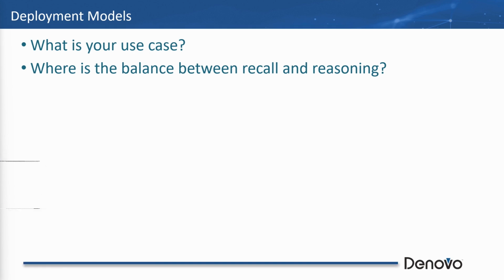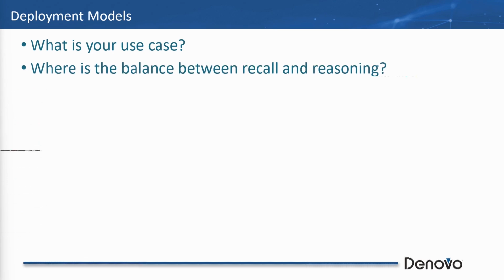A lot of these really small models are fantastic at recall. You want to find a piece of information, it will give you that piece of information back. And if that's what your use case is based on, you can go with very small models, very low cost, very efficient, very fast. Or is it more on the reasoning side?